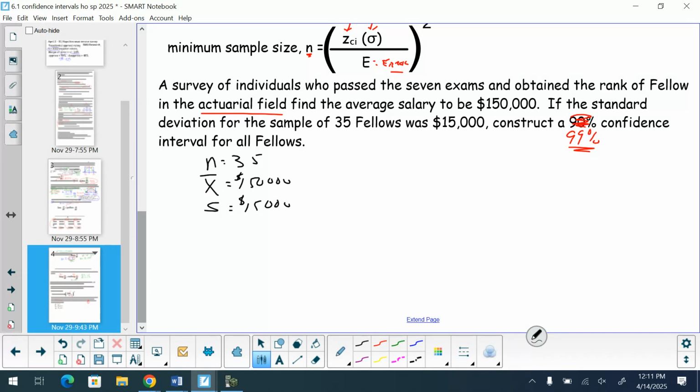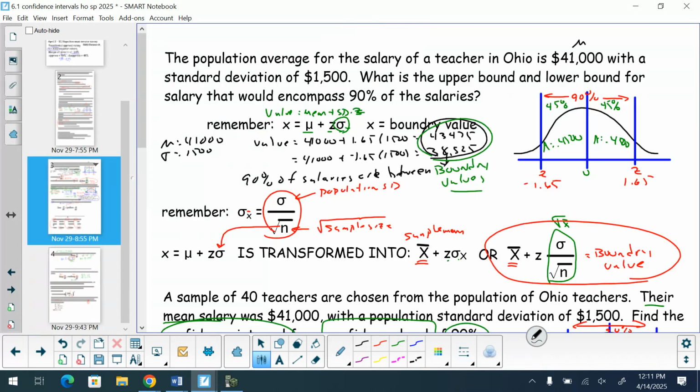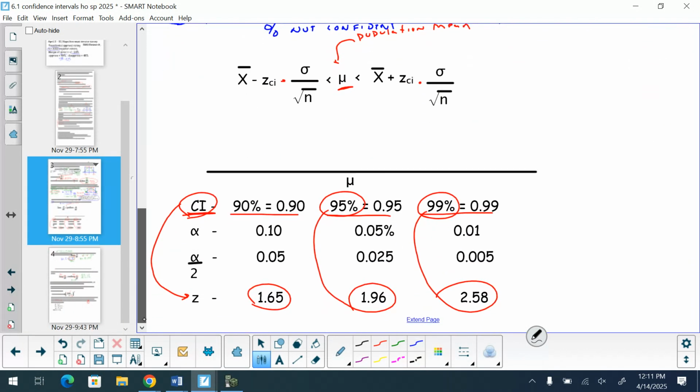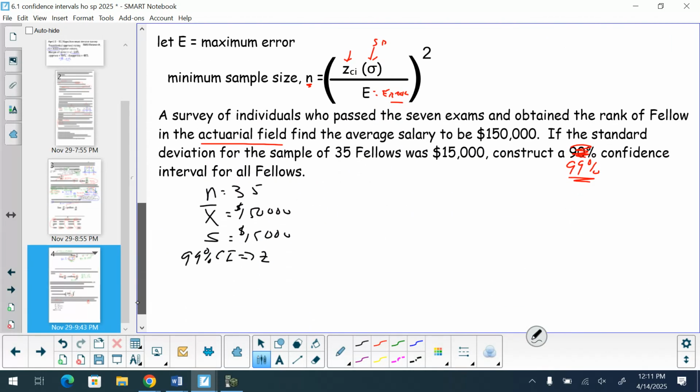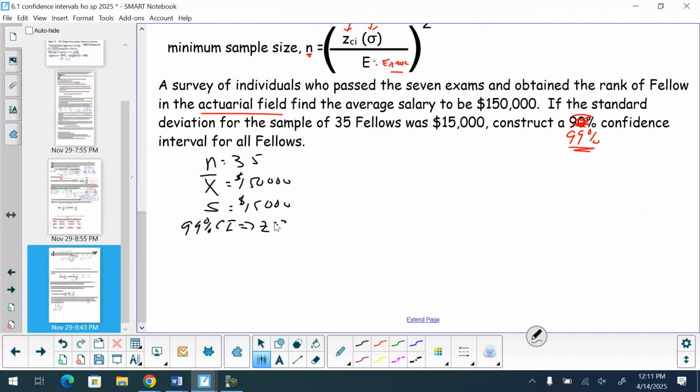If we look at the previous page, our z-value for a 99% confidence interval is 2.58.